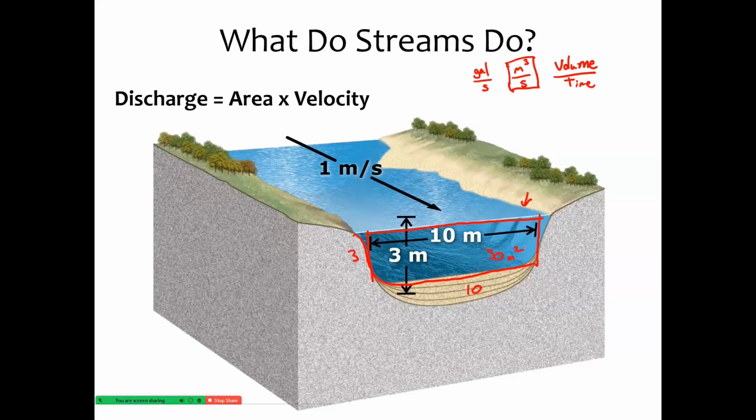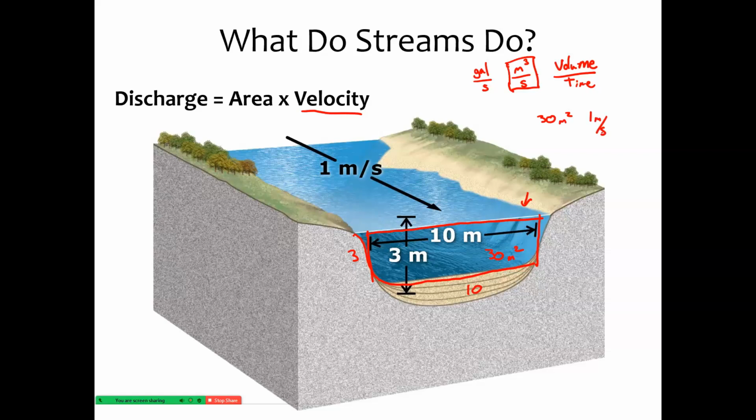If you also know the speed at which water is moving downstream, or maybe you can place some sort of an instrument in the stream like a rubber duck or a stick, and you can watch how that moves downstream at roughly the same velocity that the water is moving. That can tell you the velocity of the stream. So we have 30 meters squared, and we know that it's moving at 1 meter per second.